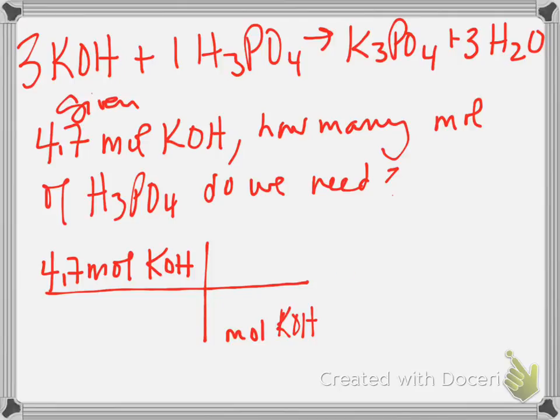Now, what do we want our answer to be in? Moles of phosphoric acid, H3PO4. Okay. So what units and what chemical have to go in that top final box? Moles of phosphoric acid, H3PO4.